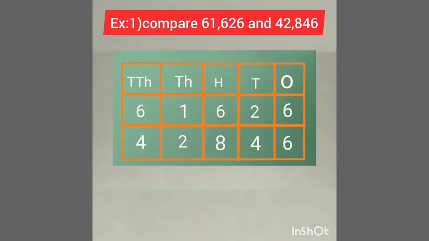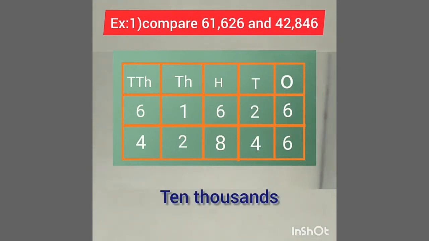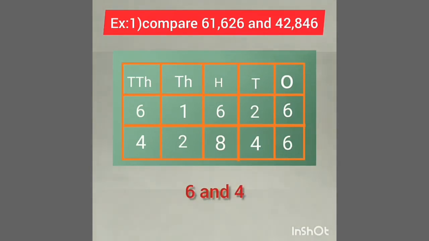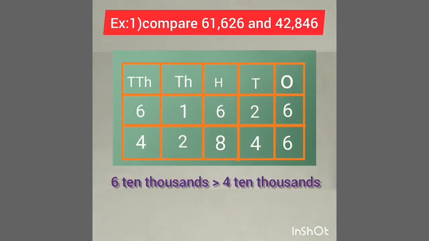In the left side, what is the first place value? It is 10,000s. So you compare the digits in the 10,000s places. Which digits are there? 6 and 4. Which is the greater one? 6 ten-thousands is greater than 4 ten-thousands.